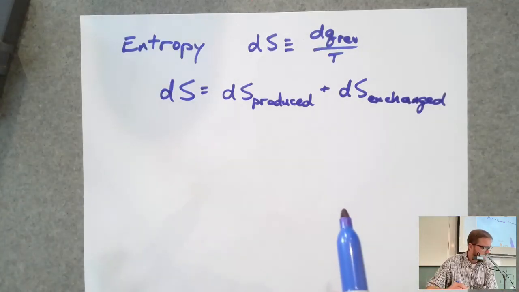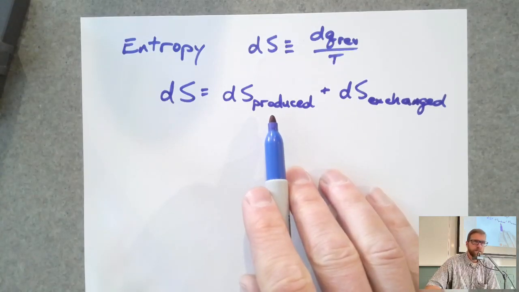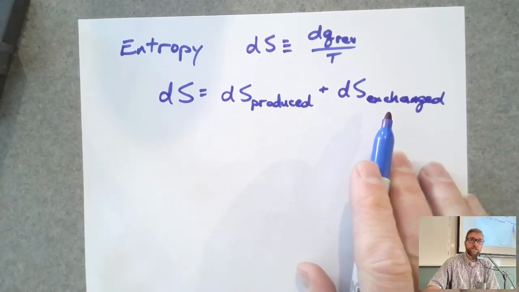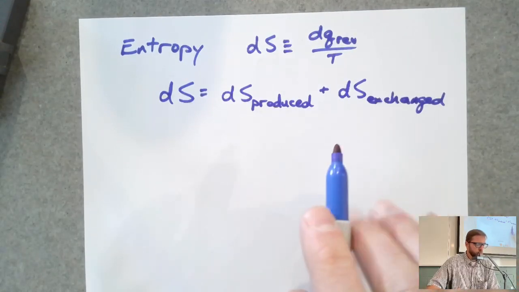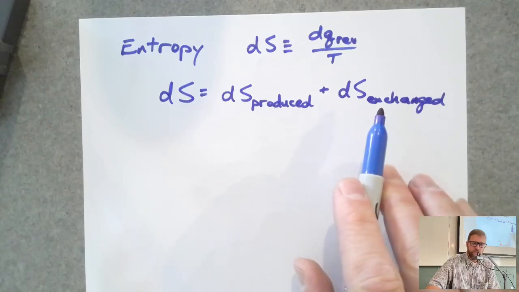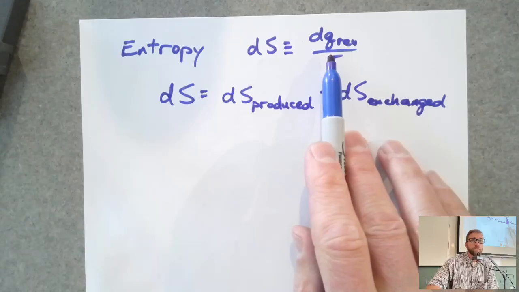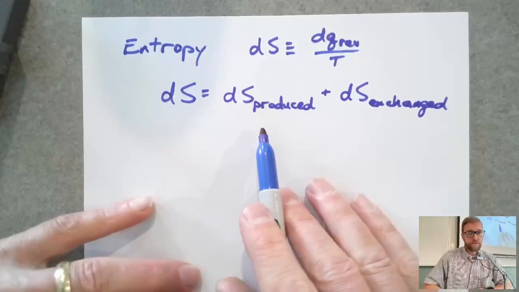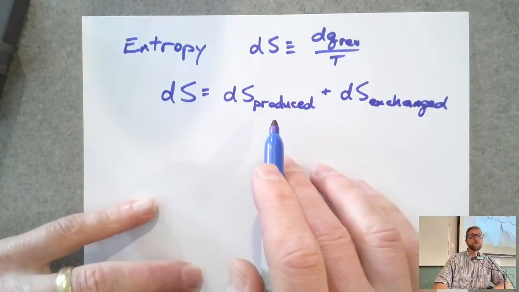The entropy that is produced by the system and the entropy that is exchanged with the surroundings, okay? So the exchange comes from the heat transferred. The produced is not from heat transferred. It's just produced entropy.